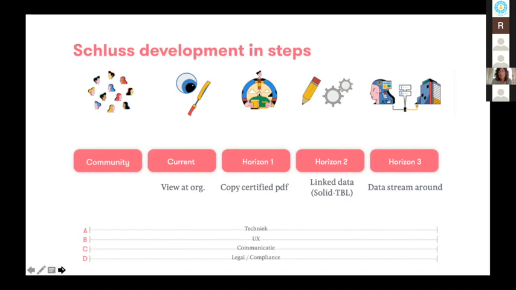And that's the step that we will take in Horizon 3. Then, in that stage, the issuing parties will write the information they produce of you directly into a sort of database of personal vaults, in your own digital Schluss vault.